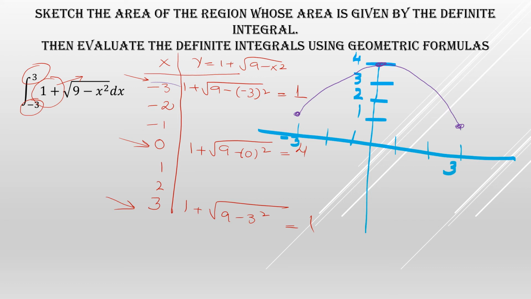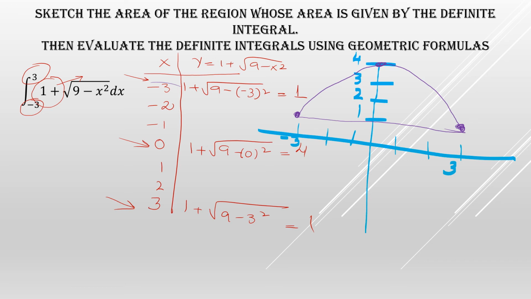Now what have you observed, that these 2 points 3 and 1 and negative 3 and 1 are in the air. And we normally do not take anything which is in the air. First of all, draw a horizontal line to join both the points. Now the figure cannot be in the air.